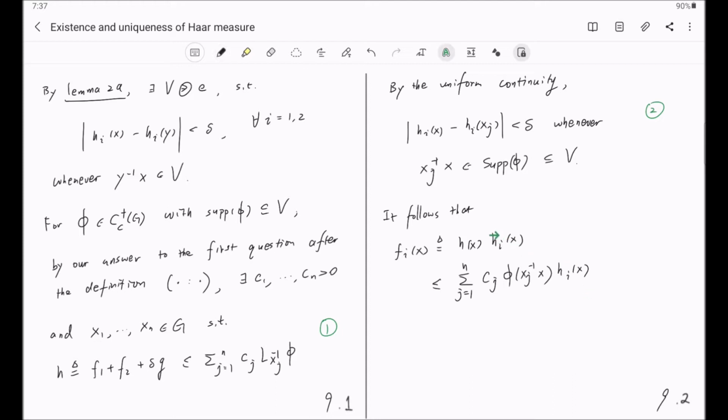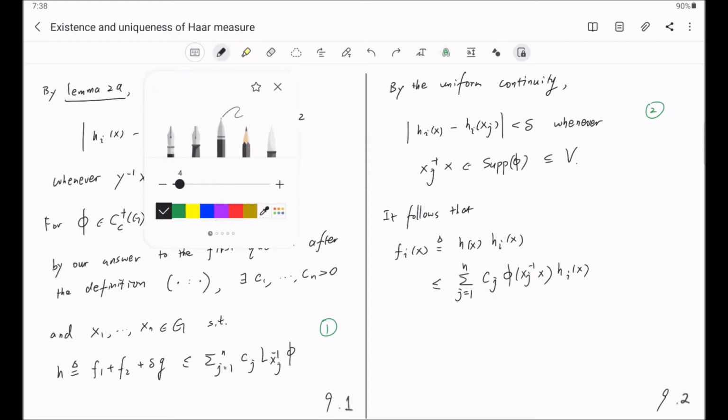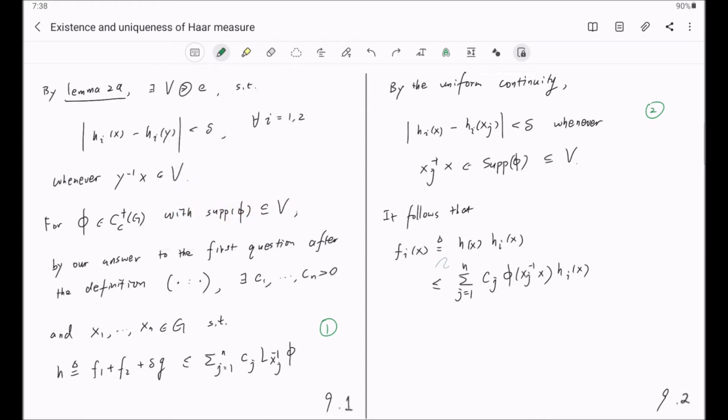We're just copying h_i down in here. The first part is just this. We're putting this L_{x_j inverse} inside. This is due to number 1.